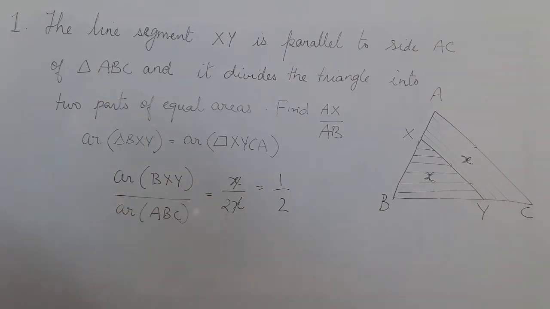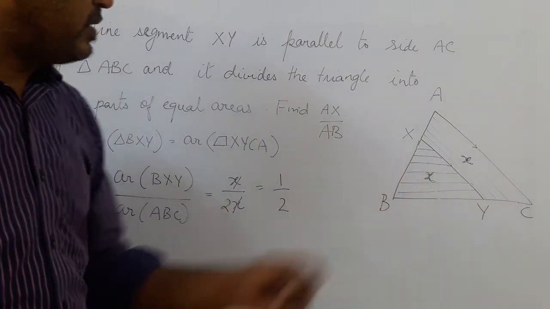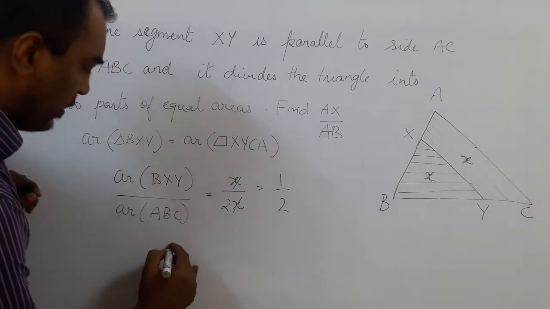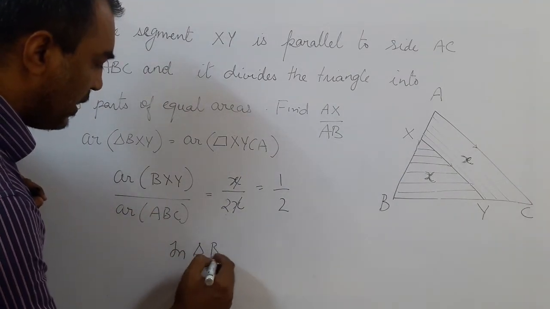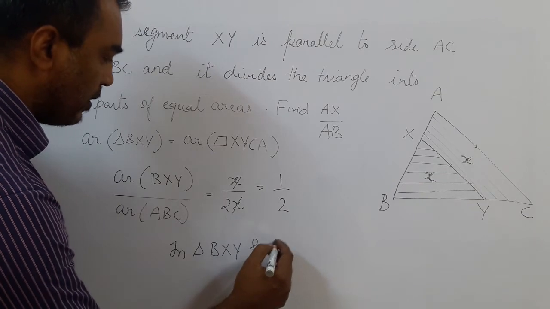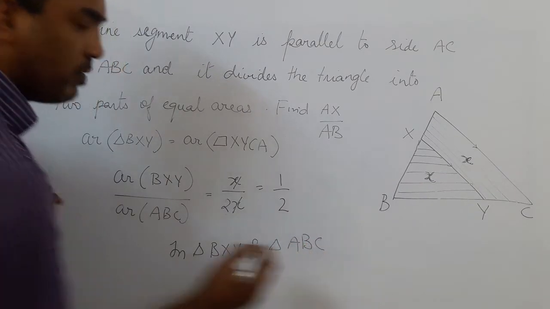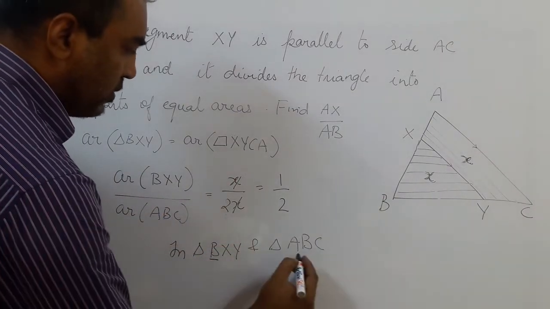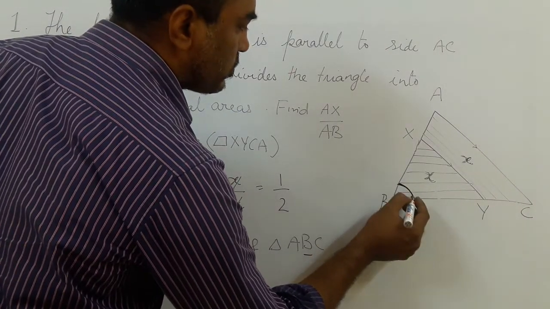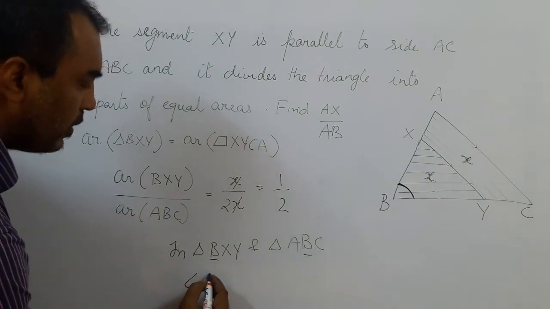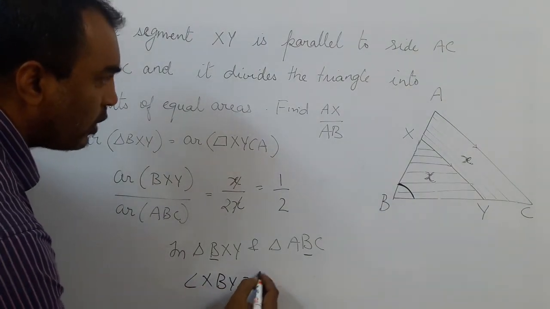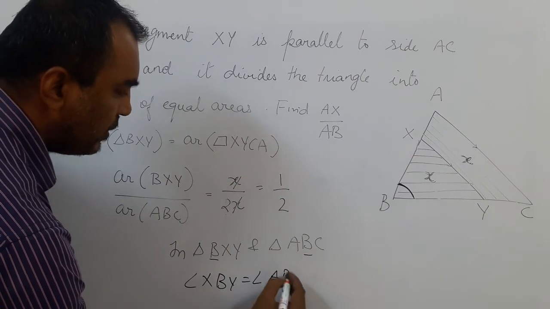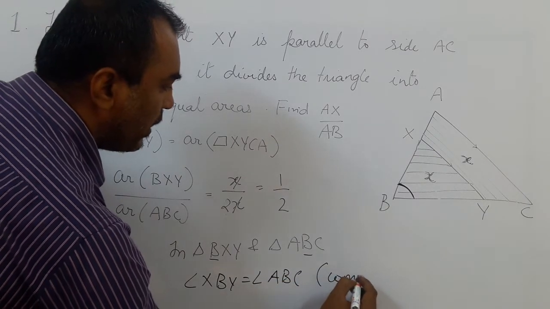Now what will we do further? Here you can see in triangle BXY and triangle ABC, angle B is common to both. So I write angle XBY equal to angle ABC, and I write common angle.